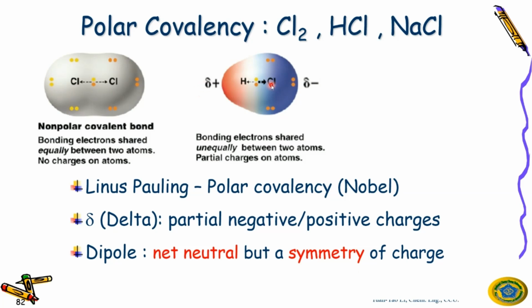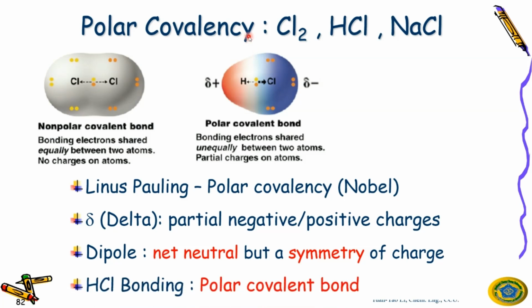Symmetry of charge means that if it's negative here, it should be positive there. This is called a dipole. And this bond we call a polar covalent bond. Ladies and gentlemen, you need to know the definition of dipole and what a polar covalent bond is.